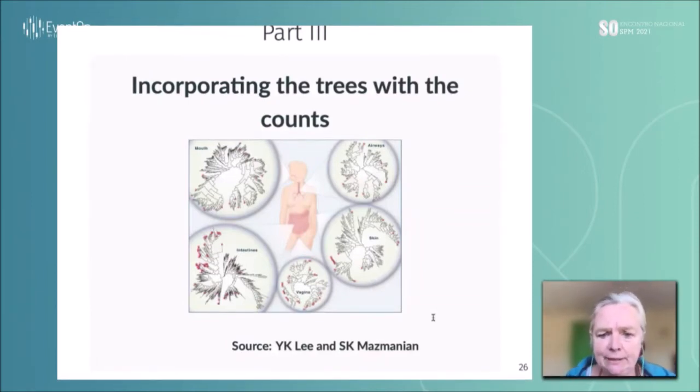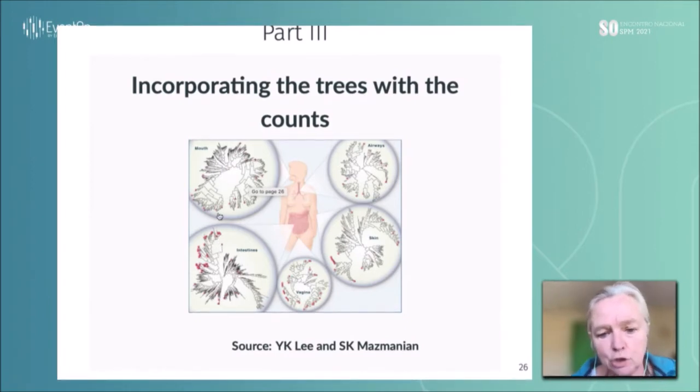Well, here are a few of the phylogenetic trees of the different bacteria involved in the microbiome at different body sites. For instance, in the oral microbiome in the mouth, we have a certain number of bacteria. In the intestines, we have different bacteria.